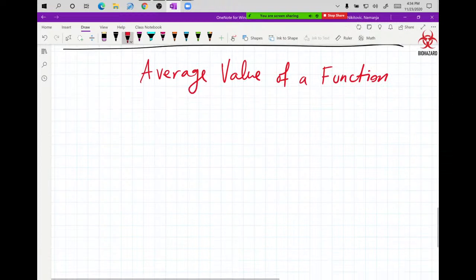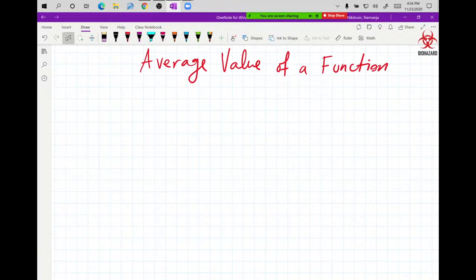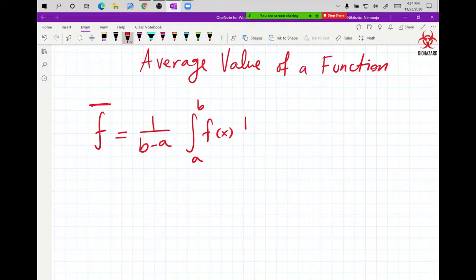And that says that the average value, which is f with this bar on top, is 1 over b minus a of the integral from a to b of f of x dx.